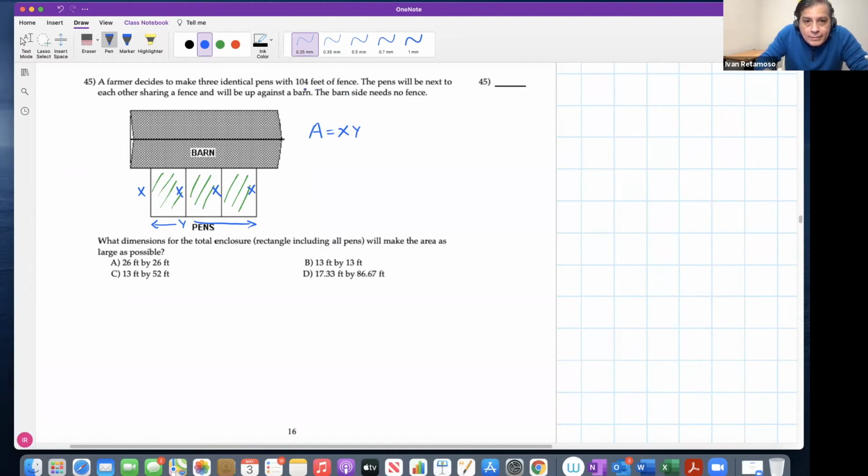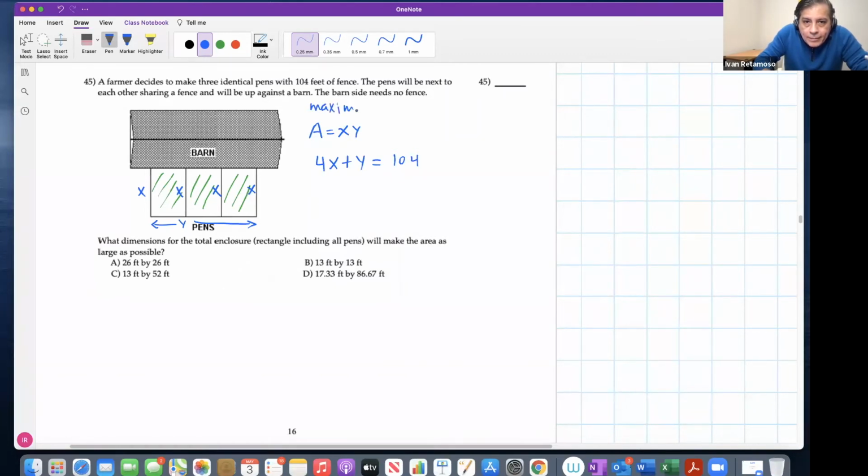I'm using X for fencing here, X again, X again, X again. So 4X plus Y, no matter what, should be equal to 104. This is called the constraint. Now, this is the goal: to maximize this guy.